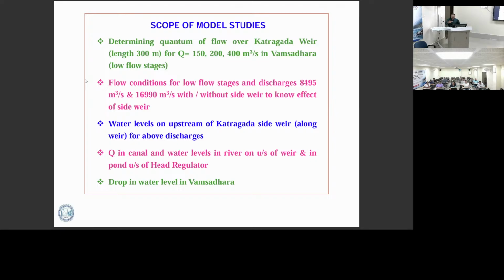This was required to be assessed because till now there is only an empirical formula available for side weir calculation, and it is for prismatic channels, not for rivers. So that was the main criterion here. We have to assess the discharge passing through the side weir.